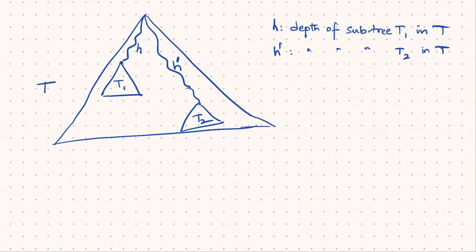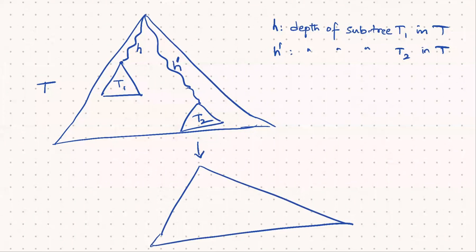Okay. Now what we'll try to do is we'll try and exchange this T1 and T2. So what we will basically try and form is, given this tree, we will just swap out the positions of T1 and T2. So at depth h, there is now T2, and at depth h dash, there is T1.